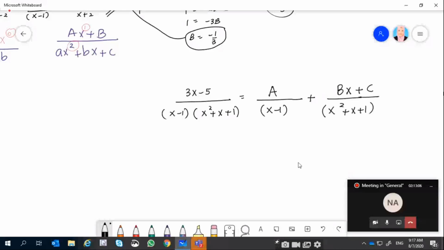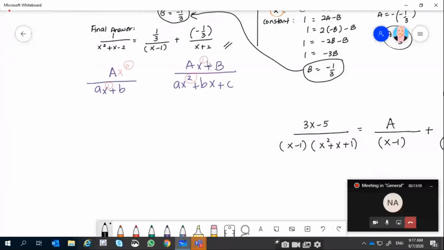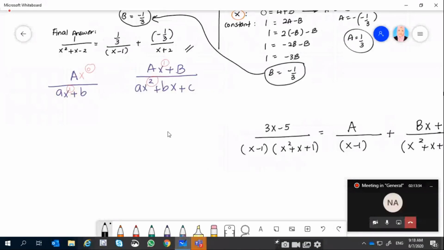The power at the top is reduced by 1 degree from the denominator. So you just minus 1. If the bottom was 3, then the numerator power is 2. As for now, we just discuss up until the quadratic factor, so you just have these two conditions. Okay, thank you, Miss.